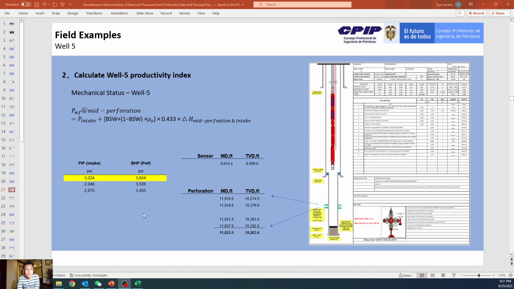So for the first 3 points, PIP 3024, we can get the flowing pressure at the middle perforation 3,604 psi. That delta P is around 580 psi.